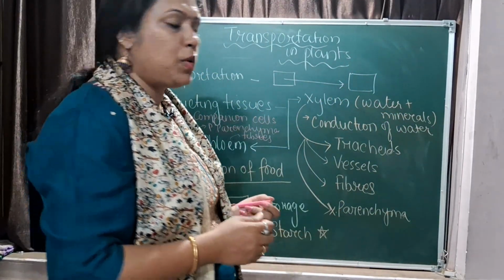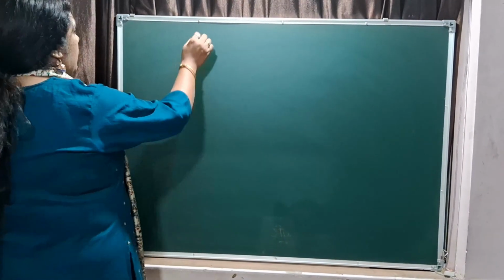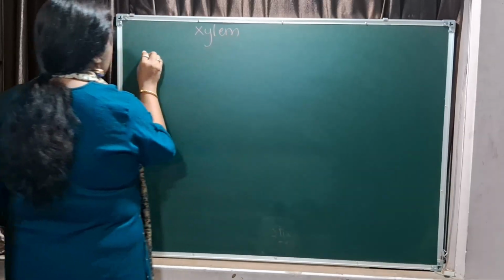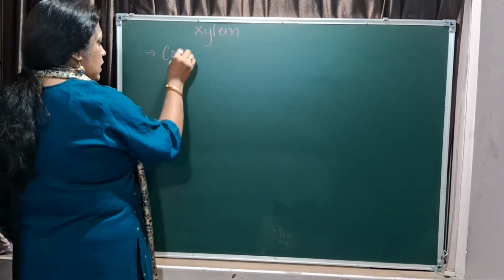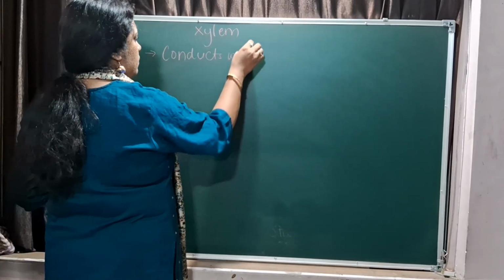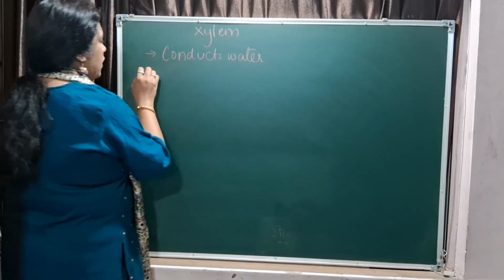Let me quickly rub the board. Now let us understand what is the difference between xylem and phloem. Okay, now when you talk about xylem, what is the function? Conducts water. What are the components of xylem?